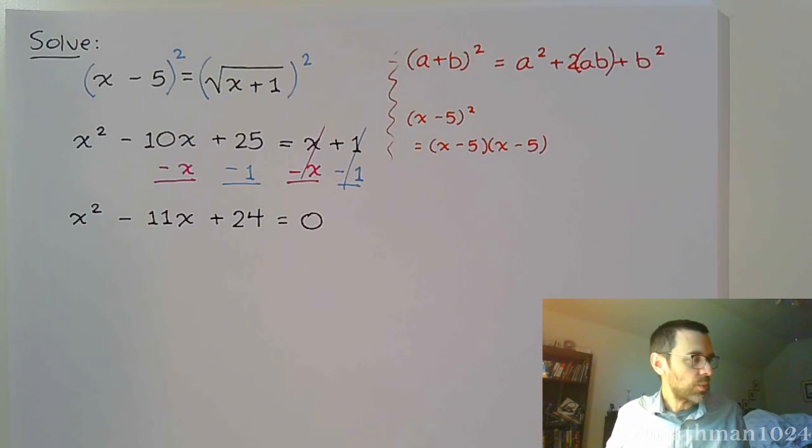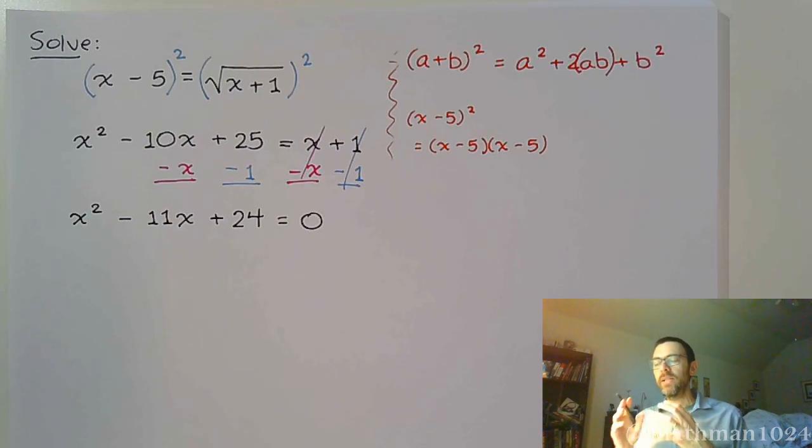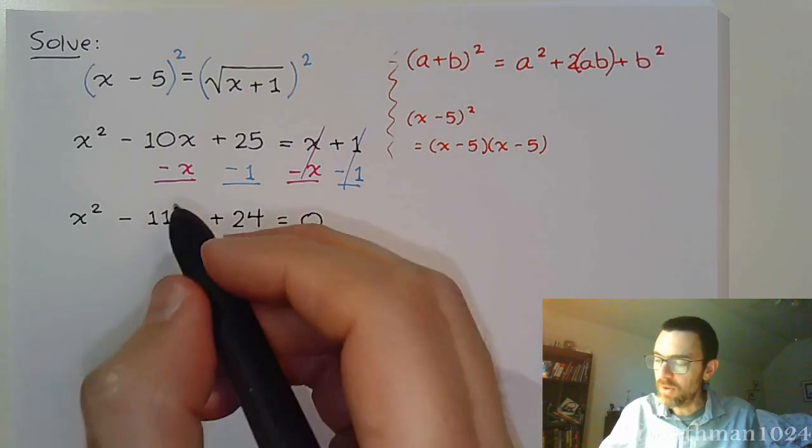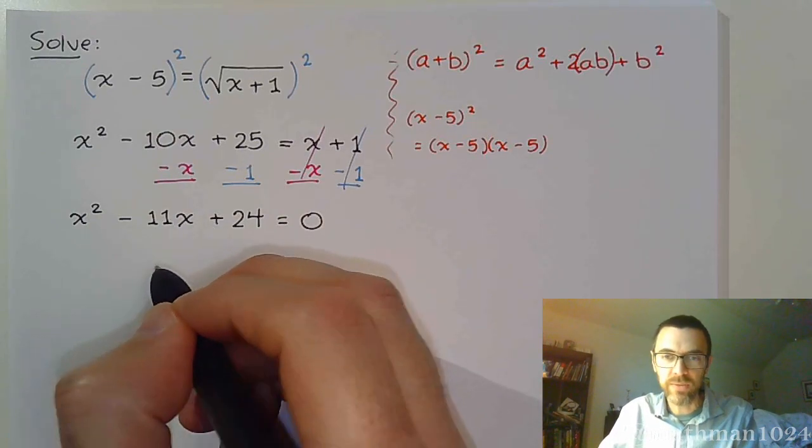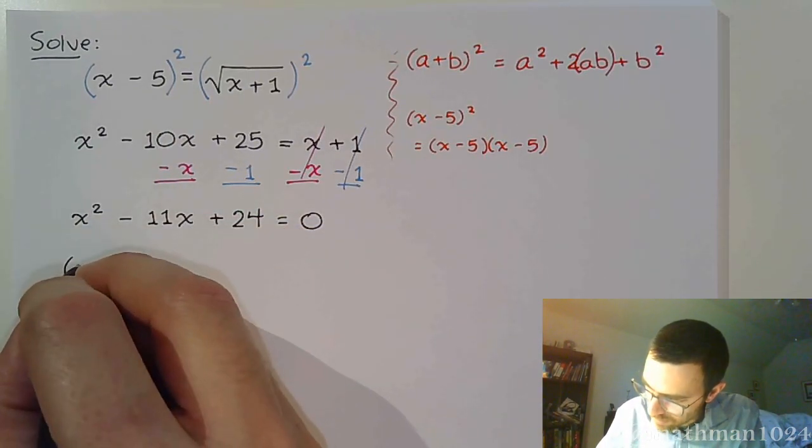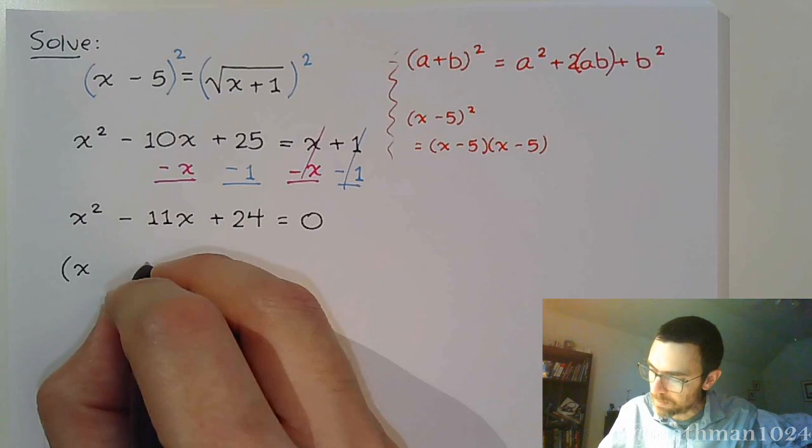Alright? And now that we have this quadratic equation, what are we going to do? We could throw it into the quadratic formula, but I don't think that is the best thing for us. Instead, let's take this and let's try to factor it. Can you find factors of 24 that add to 11? And yeah, we can do that.